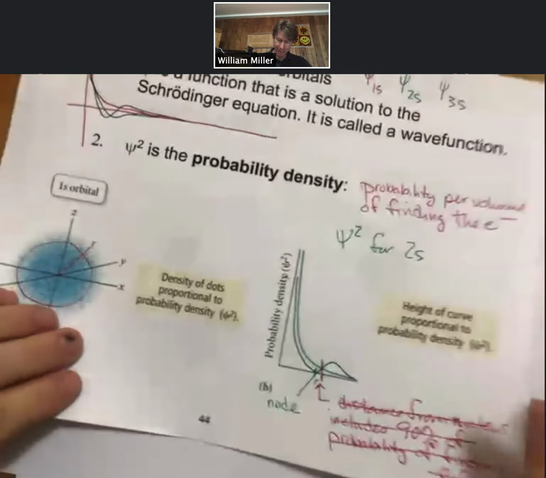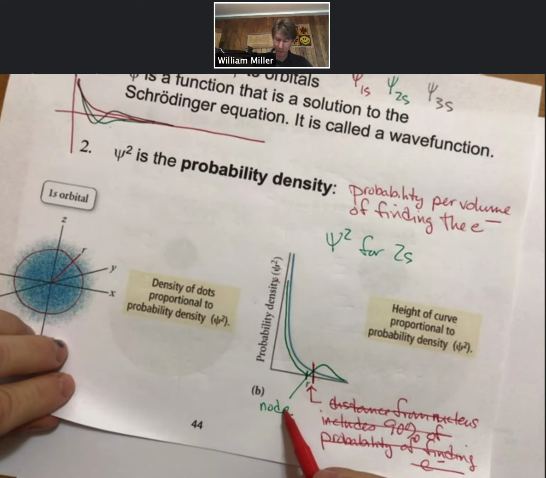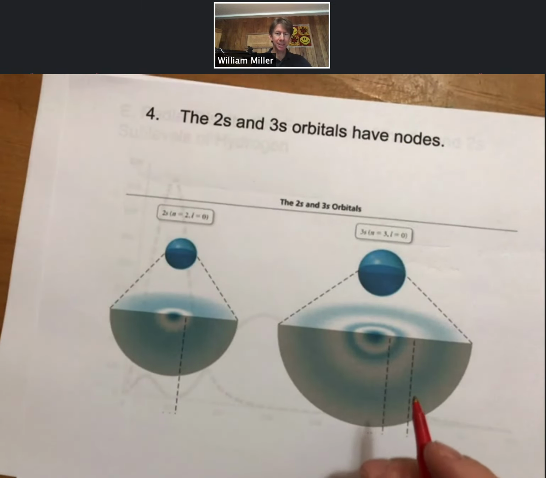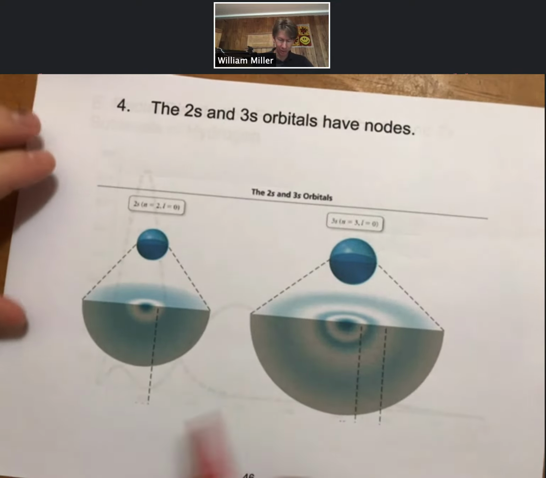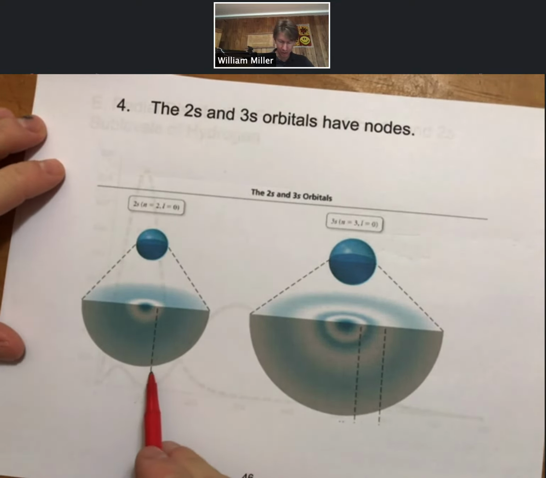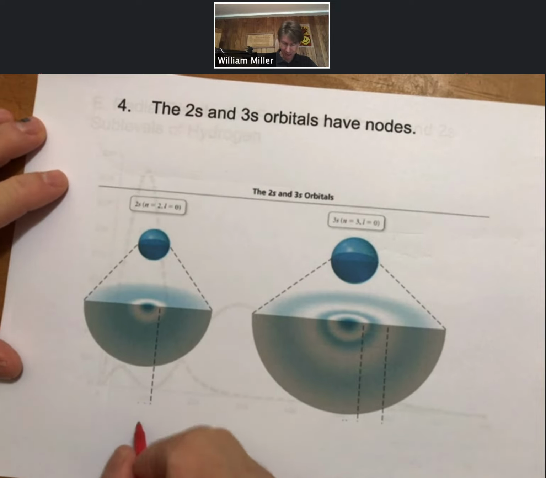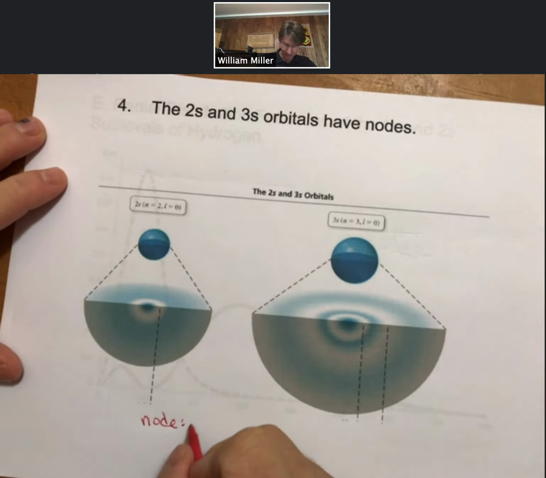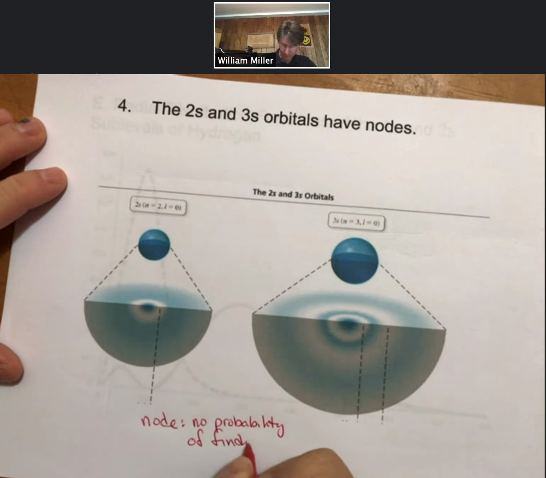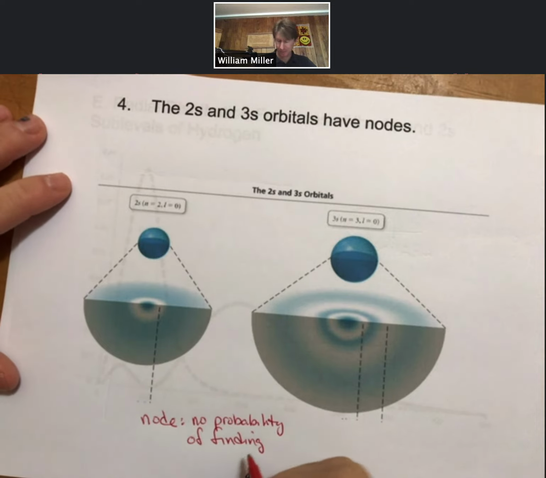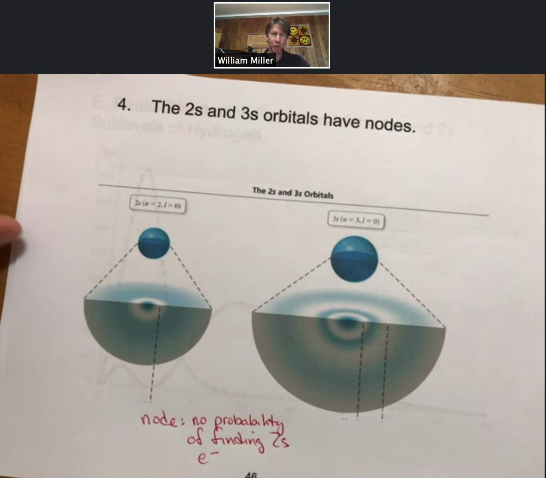Now, as I drew in a previous slide, and I said that 2s had a node. Nodes, for 2s, there's going to be a node, and that is a place with no probability of finding the 2s electrons, so the electrons in the 2s orbitals.